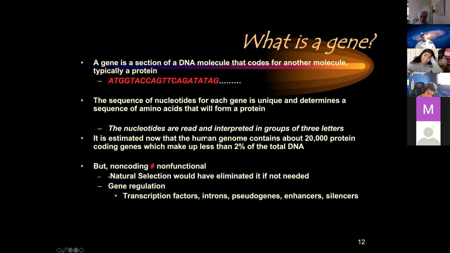So all of the characteristics that we have are encoded by less than 2% of our DNA. And think about that. Every cell in our body, almost every cell, has a complete genome. So we're carrying around in every cell 98% of our DNA that doesn't code for anything.